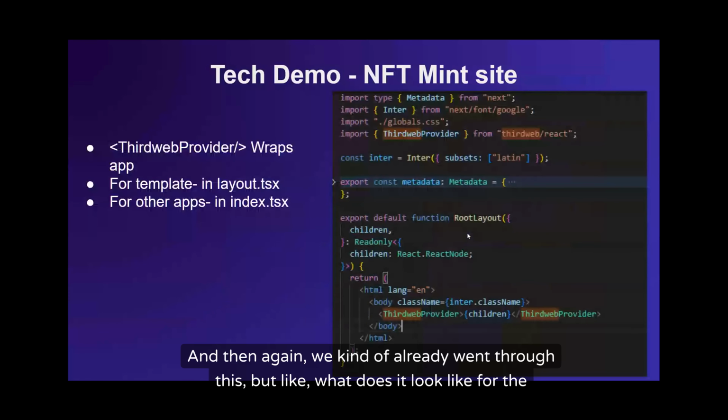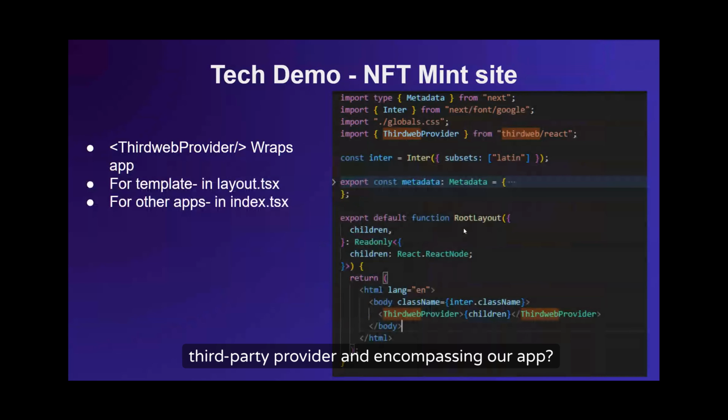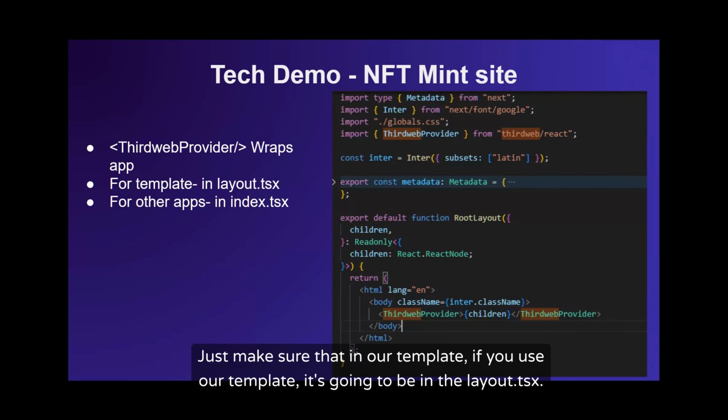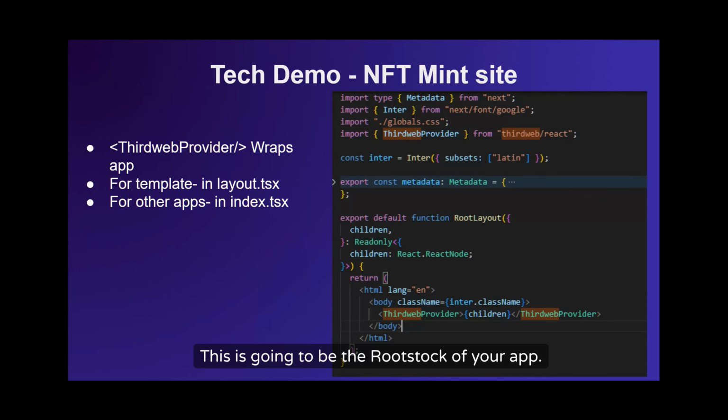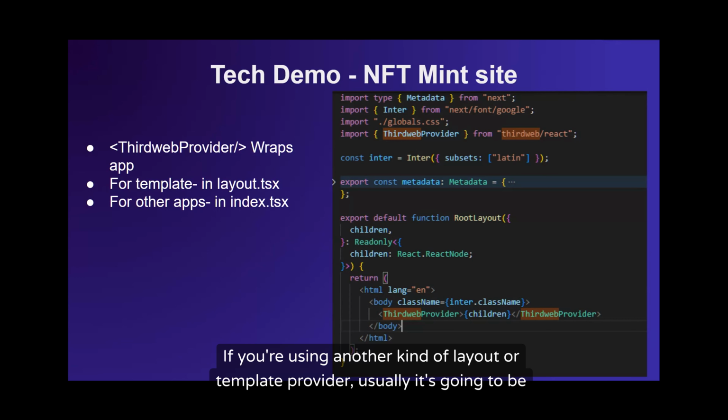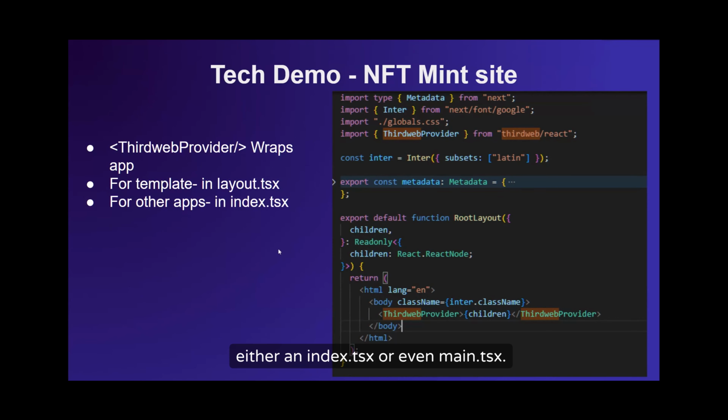Again, we kind of already went through this, but what does it look like for the Thirdweb provider encompassing our app? Just make sure that if you use our template, it's going to be in the layout.tsx. This is going to be the root of your app. If you're using another kind of layout or template provider, usually it's going to be either an index.tsx or even main.tsx.